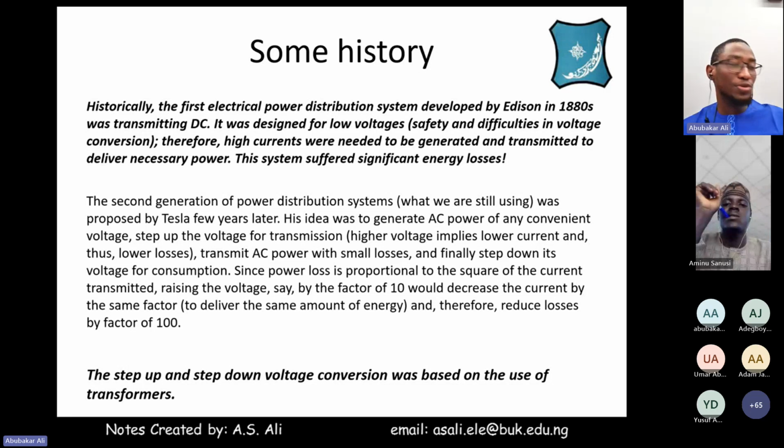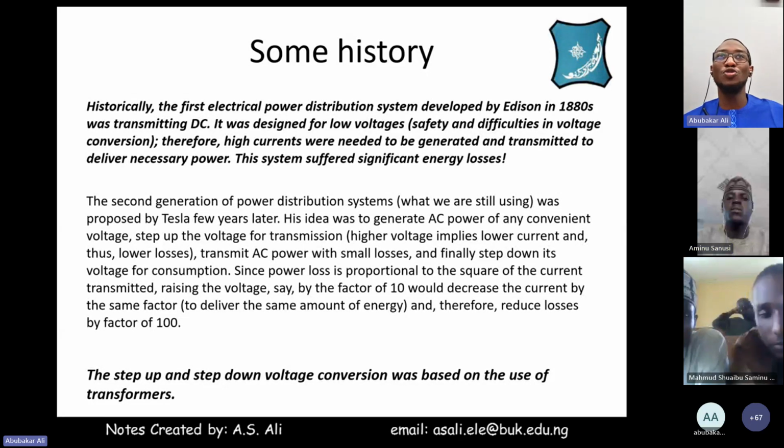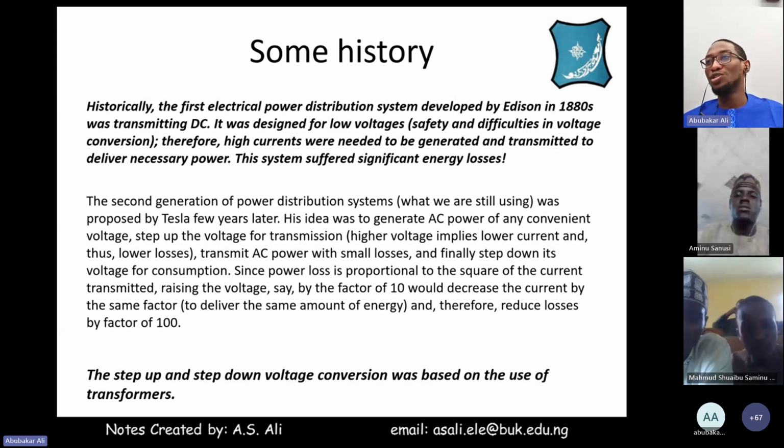However, as I told you, Edison knew how to lobby. In fact, he started a massive campaign trying to tell people that AC is very dangerous, that it can kill people. They even tried to associate AC with the power used in execution rooms to execute killers.